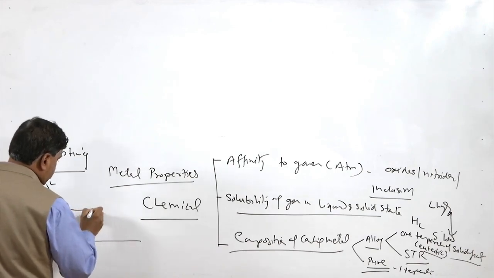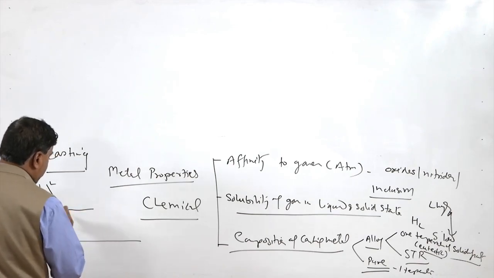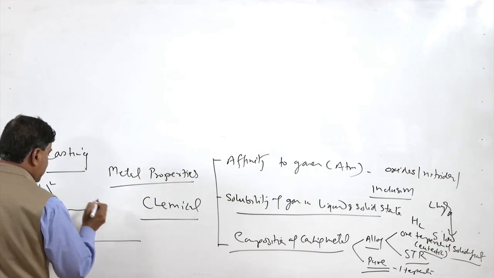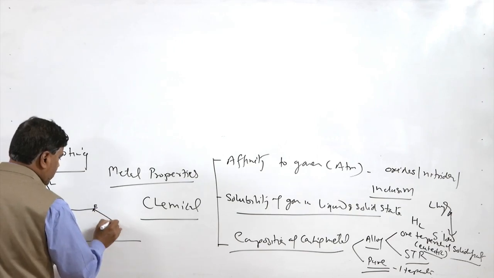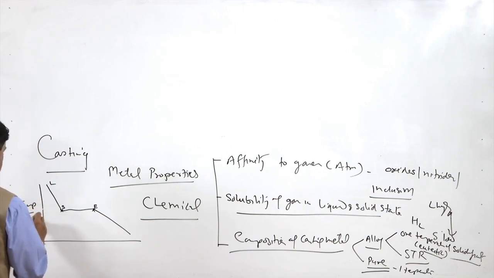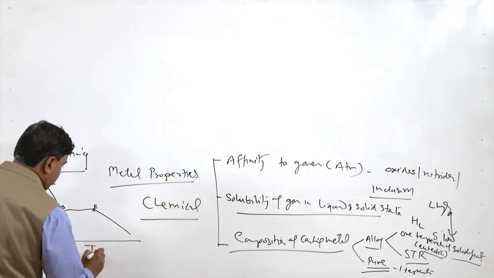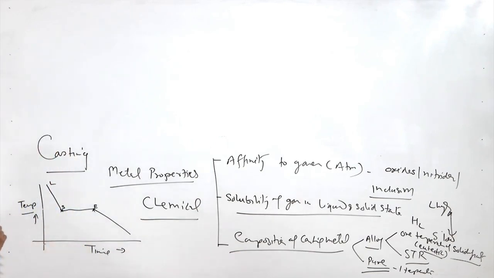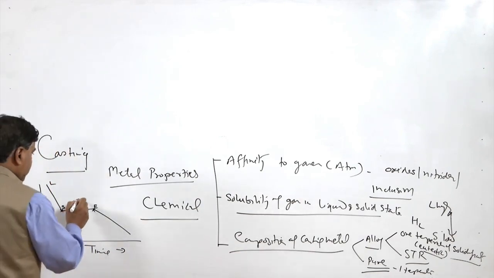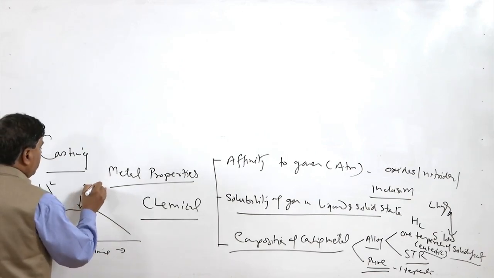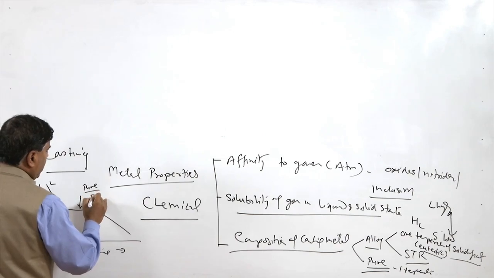This is the temperature at which solidification will be progressing, here it starts and here it ends, and then cooling starts again. This is the kind of cooling curve which is obtained, with temperature on the y axis and time on the x axis. This kind of trend is shown by either pure metals or eutectic metal systems.